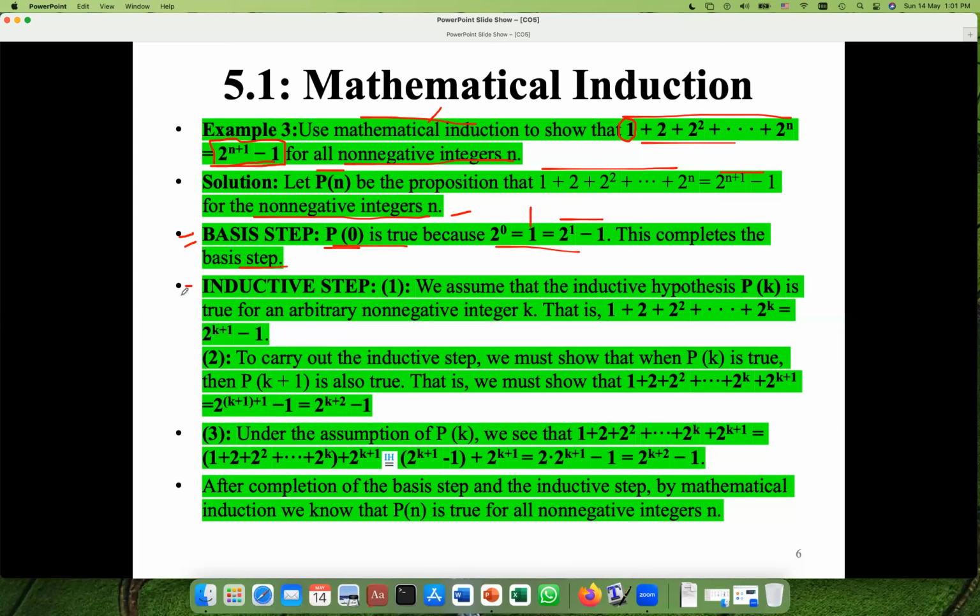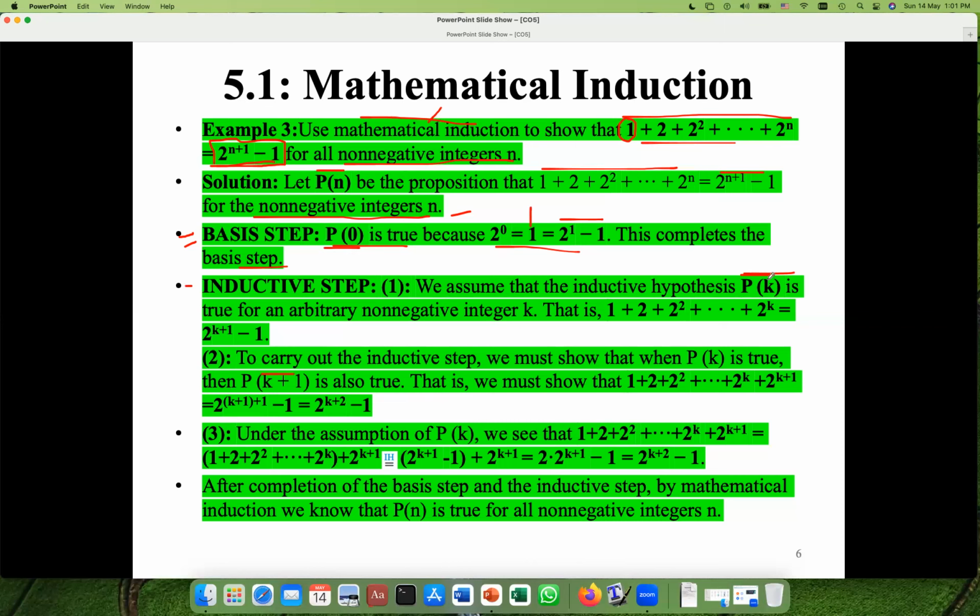Next, the inductive step. What is the inductive step? First, you have to assume P(k), and then you have to prove P(k+1) based on that P(k). P(k) is called the inductive hypothesis, and proving P(k+1) is the inductive step. So we assume the inductive hypothesis P(k); this is our assumption.